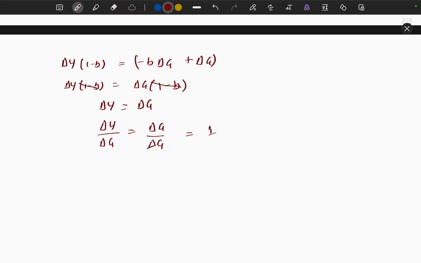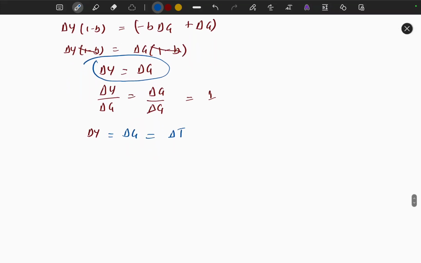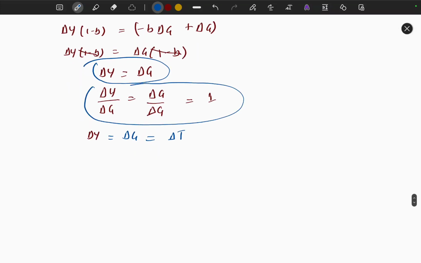We know from this step that delta y is equal to delta g, and we already had the other assumption that delta g is equal to delta t. So we can rewrite this as delta t over delta g equal to delta g over delta g, which is equal to 1. We just cancel out.